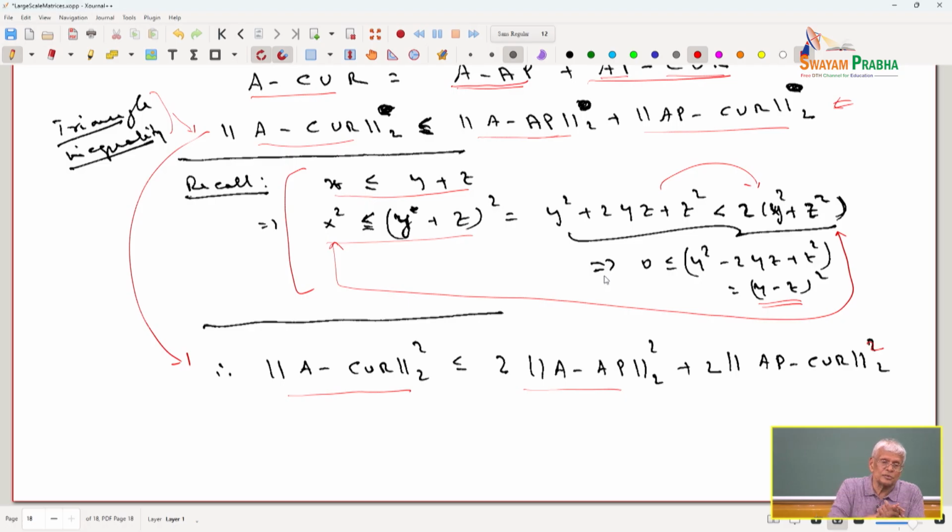So, we wanted to have an alternate idea to get a sketch. We developed the notion of what is called CUR decomposition. This CUR decomposition was derived as a special case of the randomized algorithm for a matrix product.